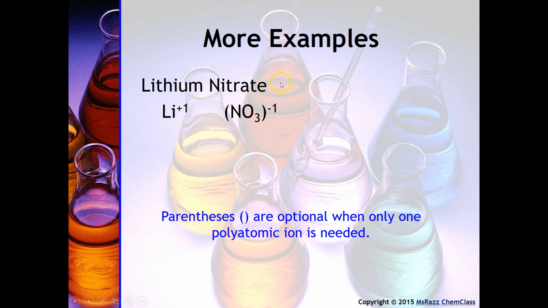And in this case, it'll be Li+1 and then NO3 -1. It's a 1-to-1. You can see it's -1 to +1, and so therefore, pretty easy formula, LiNO3. Again, parentheses are optional when you only need one polyatomic ion.